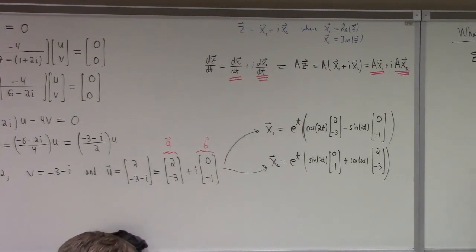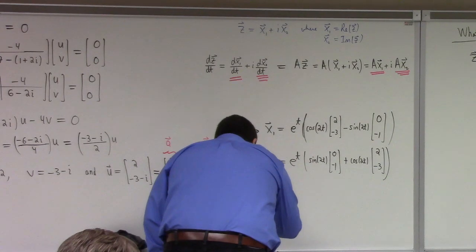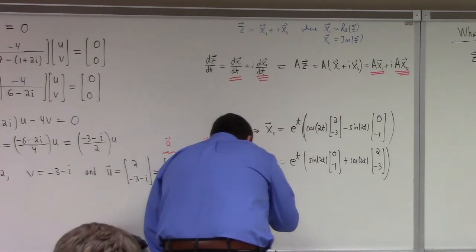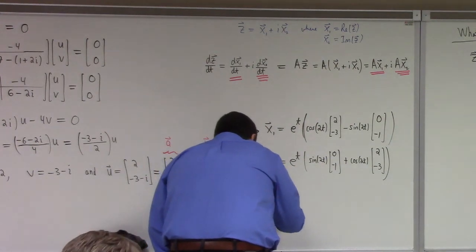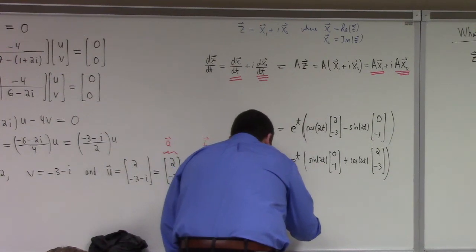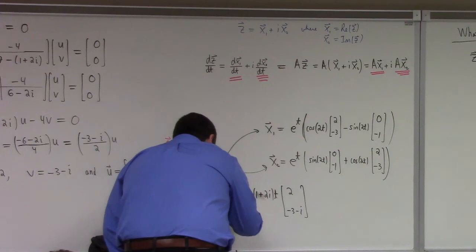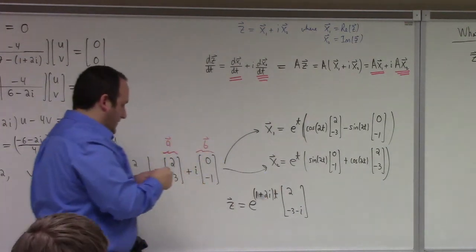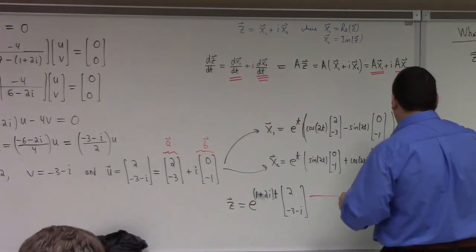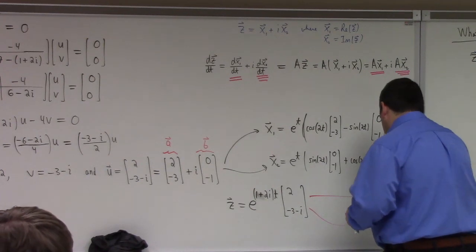But the other way I could find these two solutions would be to look at e to the 1 plus 2i t times the complex eigenvector 2 minus 3 minus i. If we look at that z, if we look at z equals this, then the real part is that one, and the imaginary part is this one.